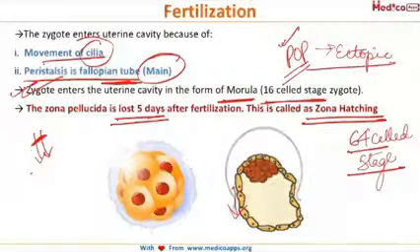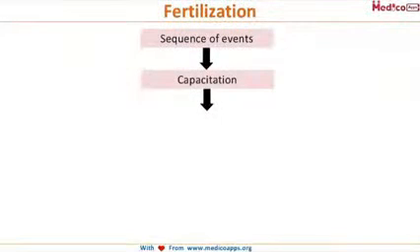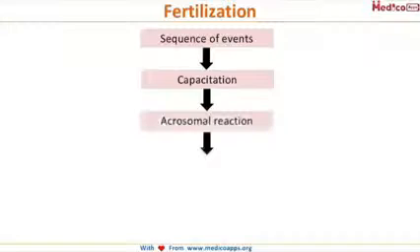Now if we sum up the sequence of events that are occurring in fertilization. First, capacitation occurs. The sperms become capable of fertilizing the ova. They go and attach to the zona pellucida, and it causes the release of enzymes from the acrosome of the sperm, which is called acrosomal reaction.